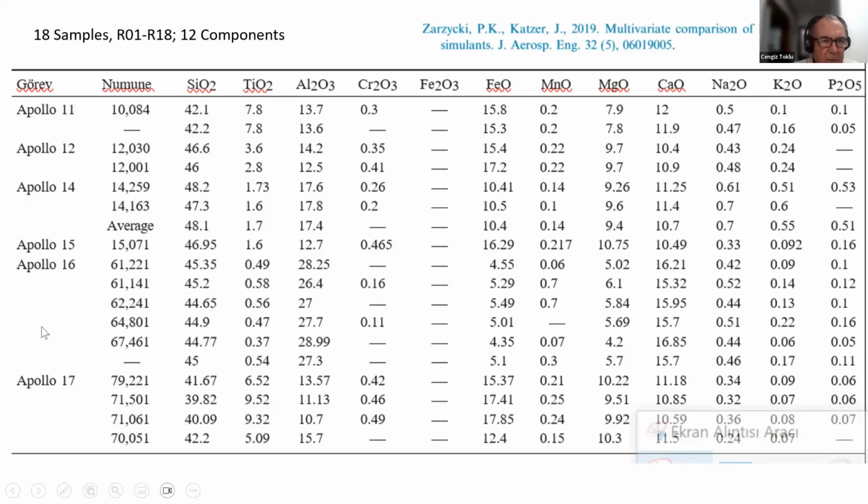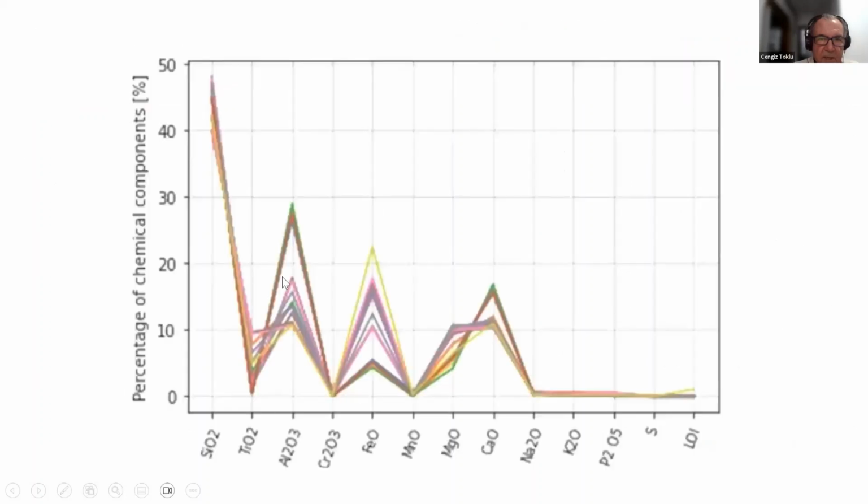We have Apollo missions on the left, and the oxide components measured on these samples. There are 18 rows here. Some of them are averages, some of them are given numbers for the soils which are really sampled, but some others are averages. So I have here 18 samples in this table.